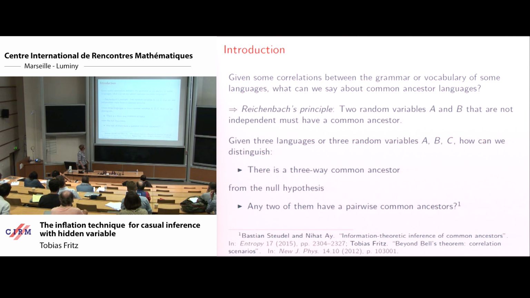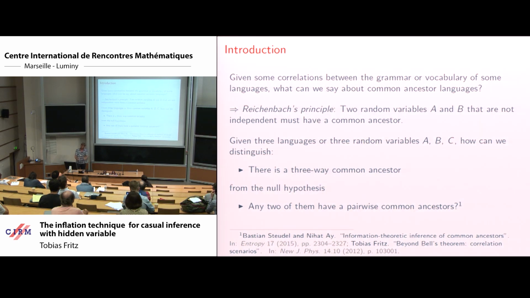More concretely, the problem I want to look at is if you now have three variables. The two-variable case is fairly simple, because if there is some correlation, then you would conclude that there is some common ancestor, which may be A or B itself. But now if you have three variables and you notice some correlations, the situation is much less clear-cut. For example, you could try to infer: is there a common ancestor to all three?